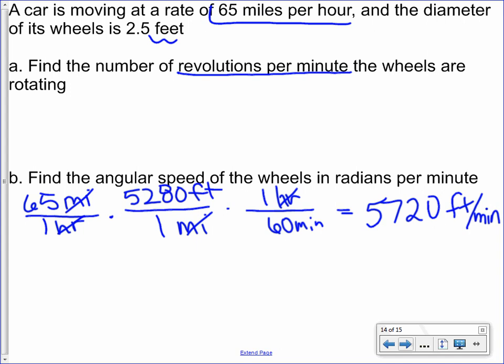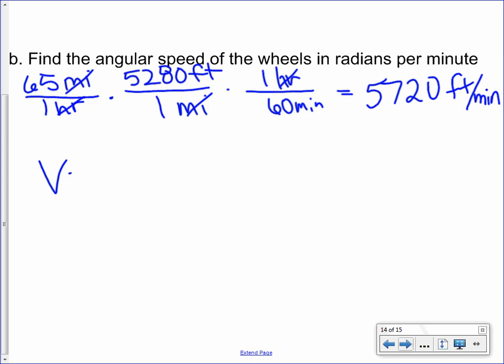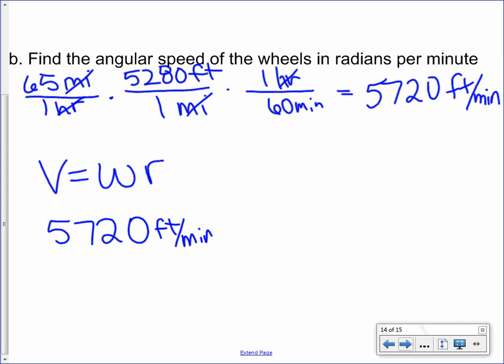Okay. I want angular speed. We have linear speed. How do we go from linear to angular speed? We know that linear speed is angular speed times radius, correct? So if we have a linear speed of 5,720 feet per minute, we don't know our angular speed, but we know our radius is what?